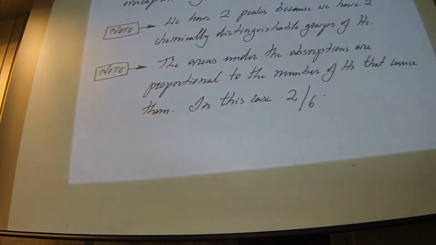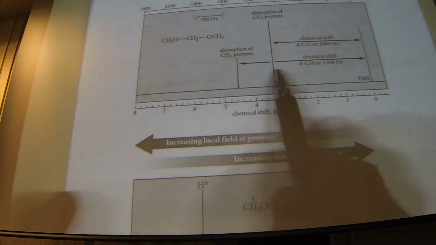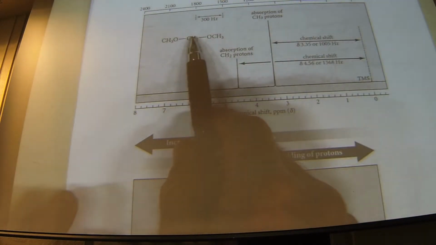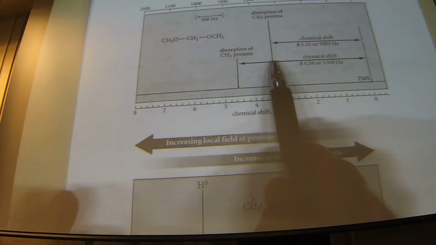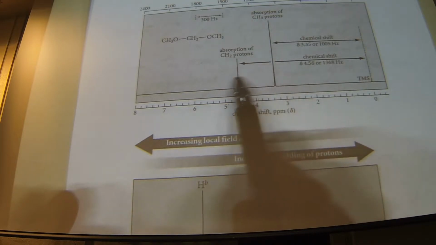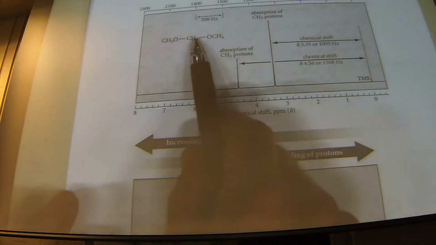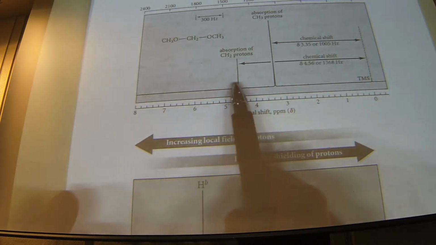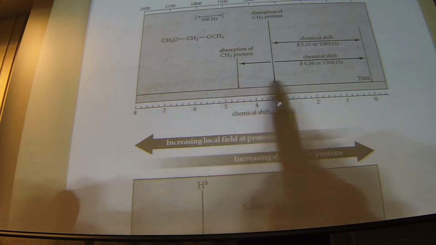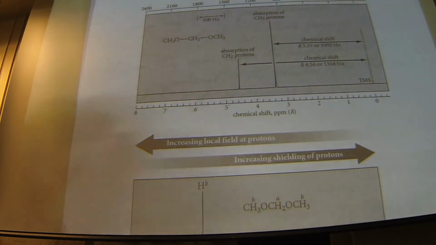The second thing I want you to notice is the peak heights. Notice that I have two different peak heights. This was the CH2. This is for the two CH3s. The ratio of the peak heights is in the ratio of these protons, so it's going to be 2 to 6, or if you will, 1 to 3. Actually, it's not the peak heights that you're looking at the ratio of.